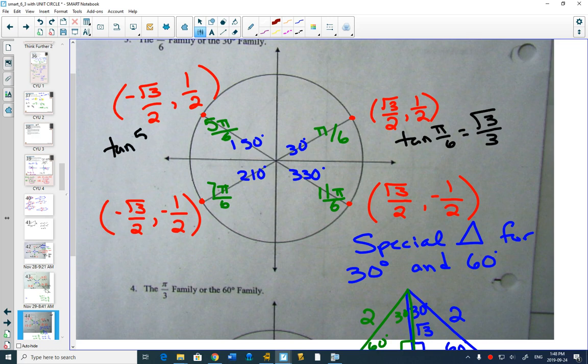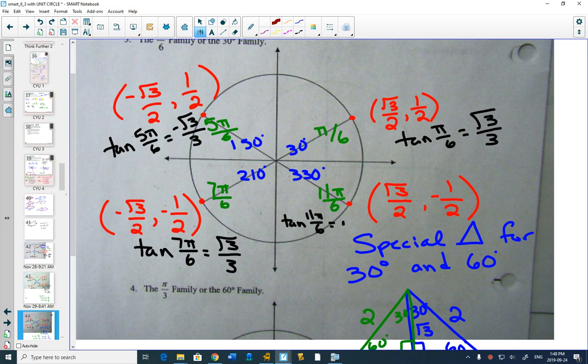We now know that tan of 5 pi/6 is negative √3/3. Tan of 7 pi/6, positive √3/3, and tan of 11 pi/6, negative √3/3.